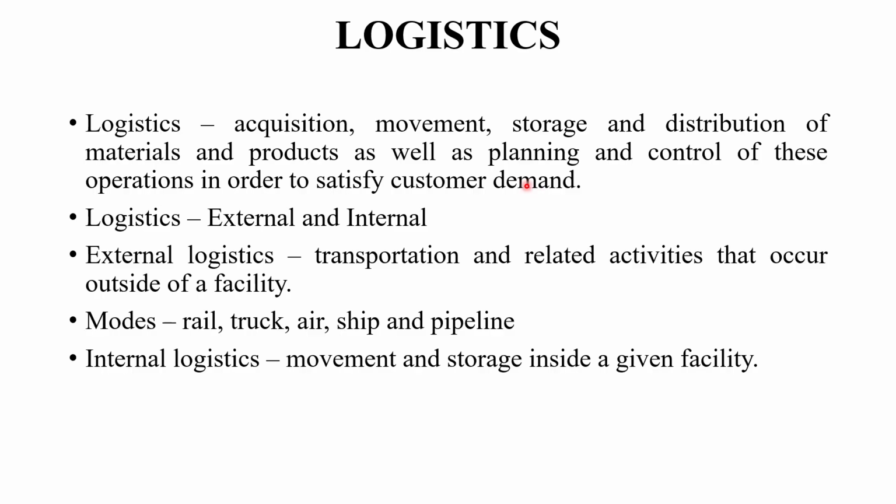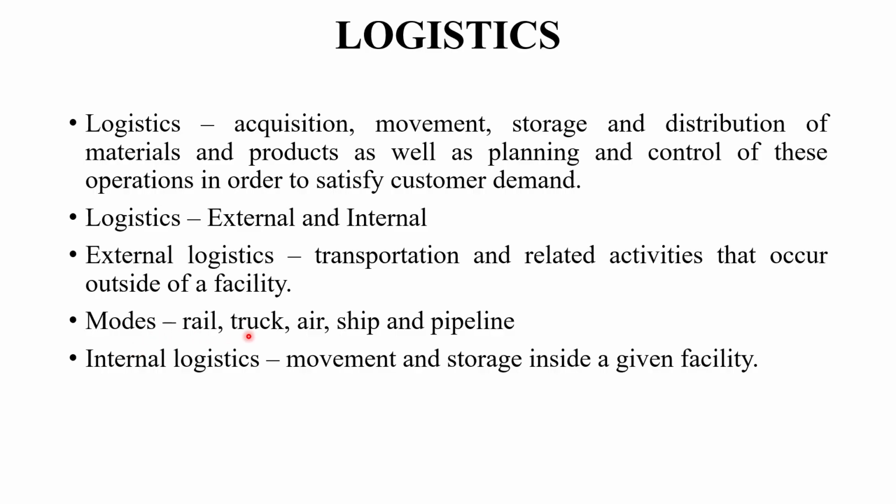Okay, so there are two types of logistics. One is external logistics, another one is internal logistics. Okay, so if the transportation occurs outside the facility, that is, outside the factory, we could define that as external logistics. Okay, so it may take various modes.